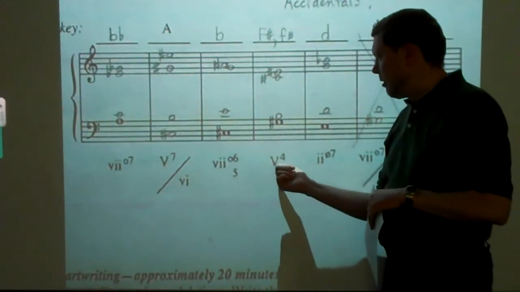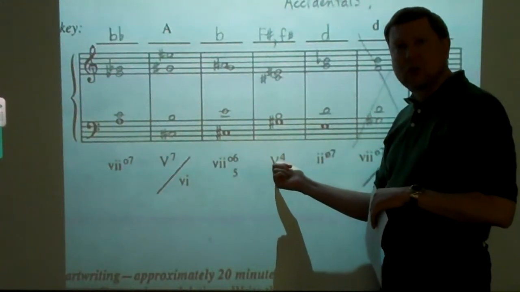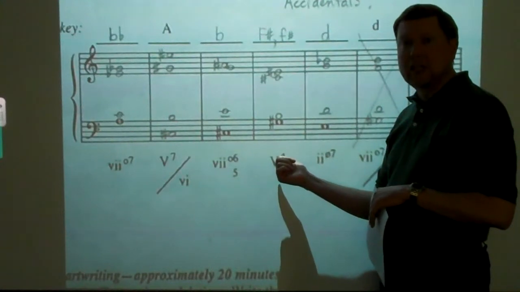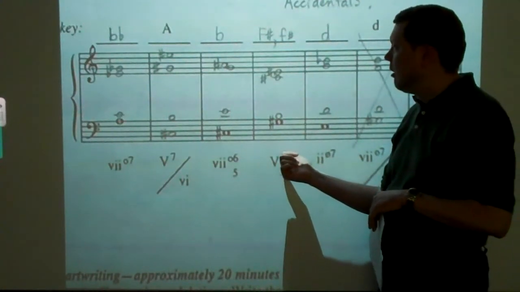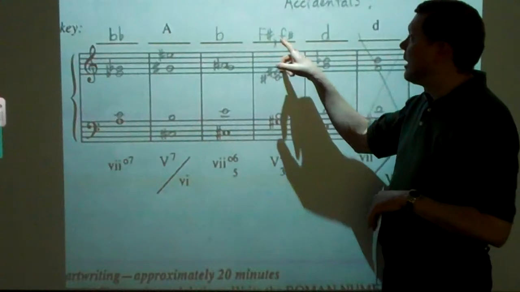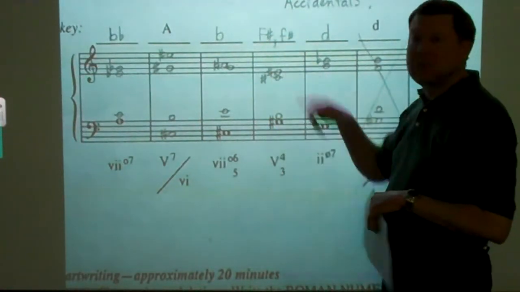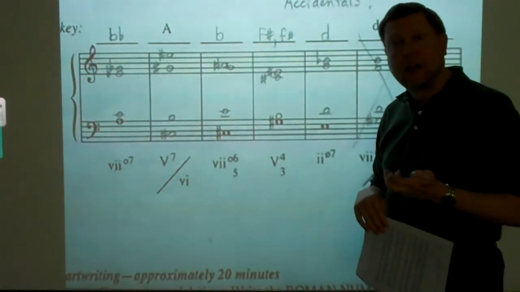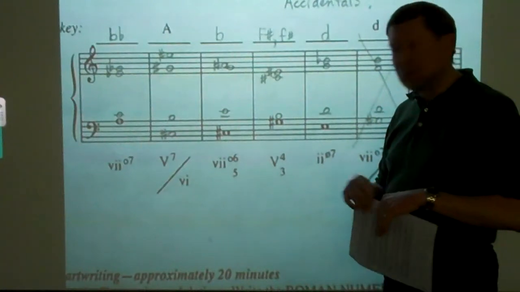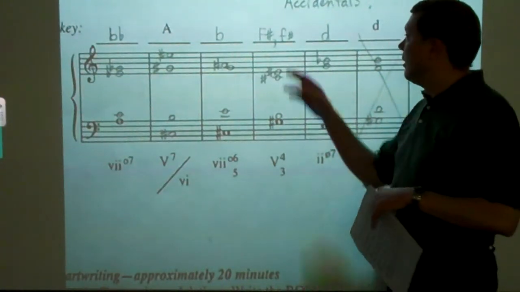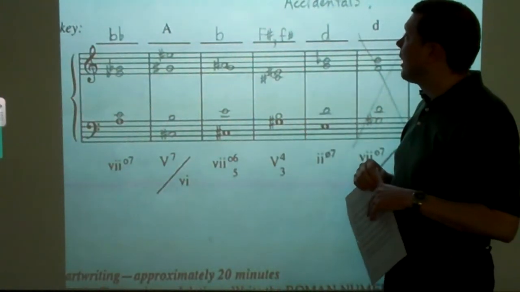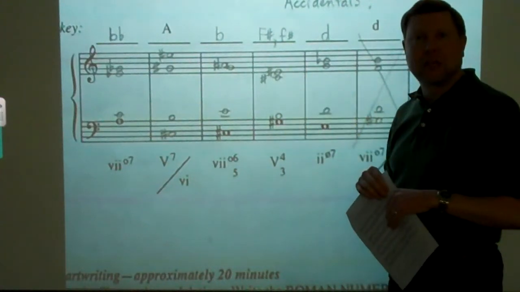Now because capital 5-7 chords occur normally in both major and minor keys, all I can say for sure is that the key for this measure must be F sharp major or F sharp minor. It could be either one just as easily.